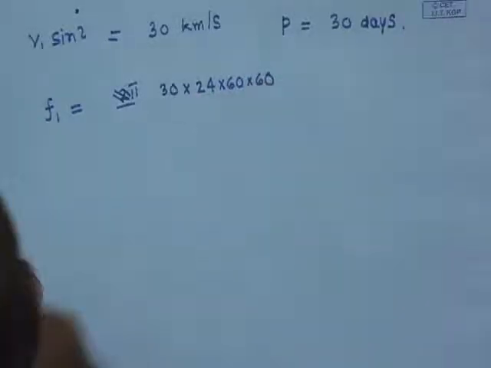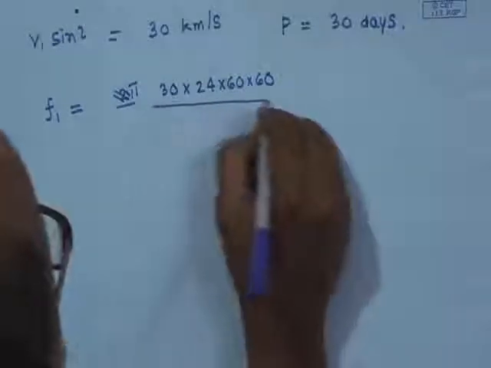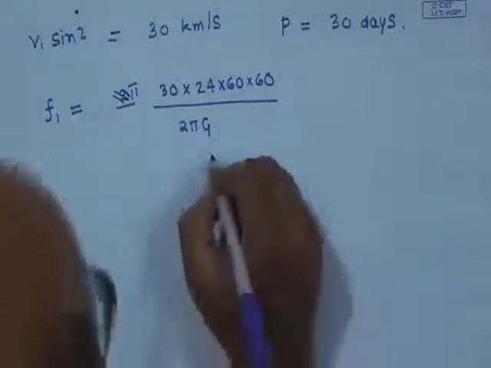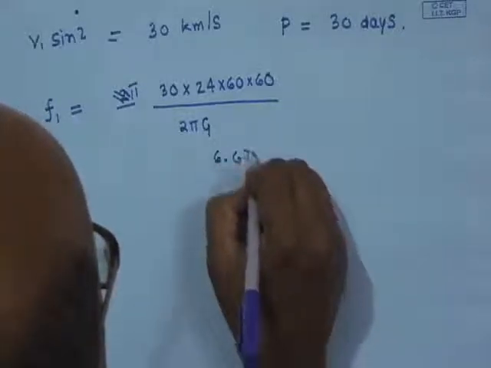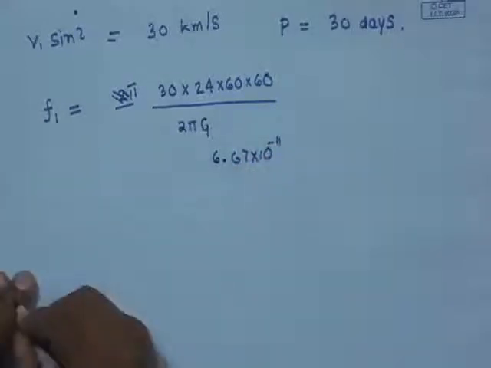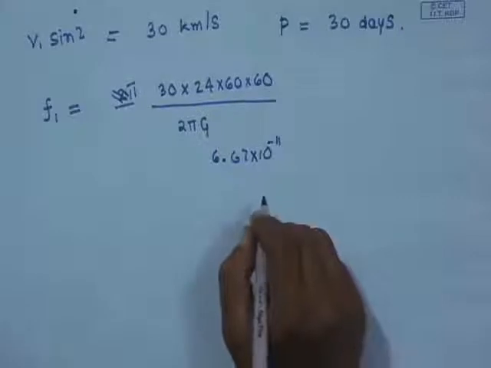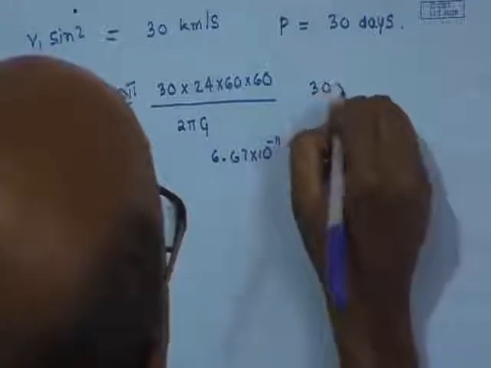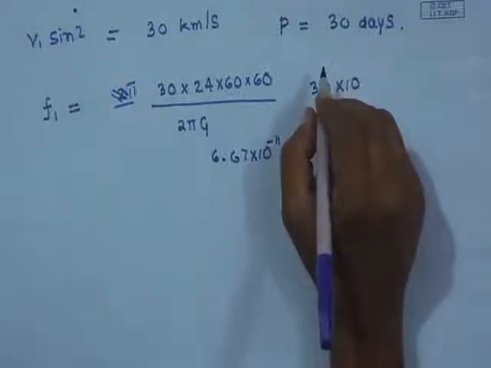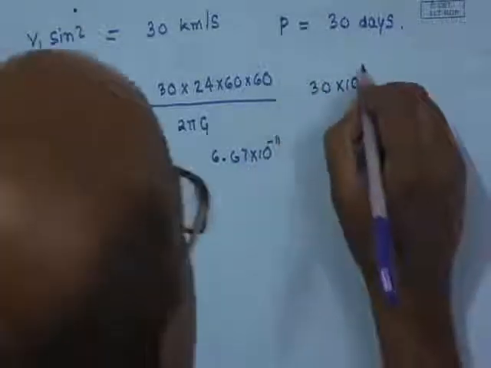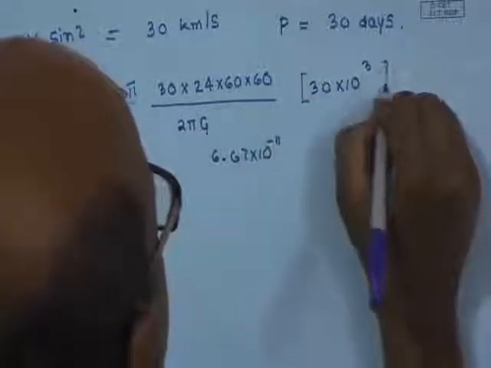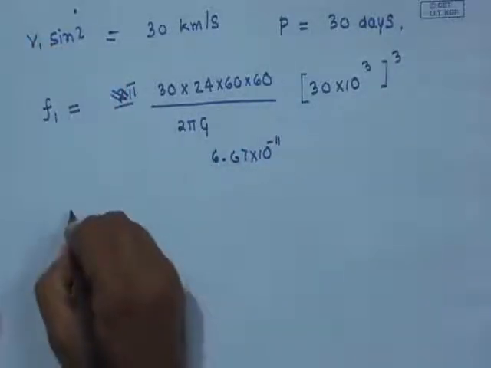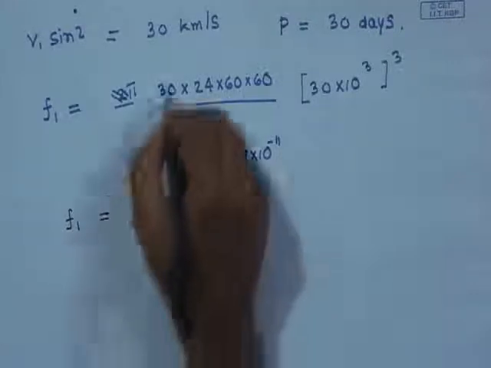So, this is the period in seconds, divided by 2 pi G. The value of G is 6.67 times 10 to the power minus 11 in SI units, and then we have the cube of the velocity, which is 30 into 10 to the power 3, cubed.